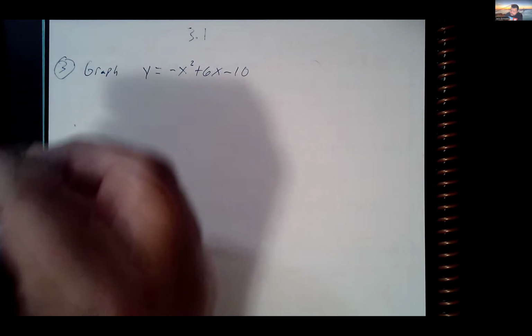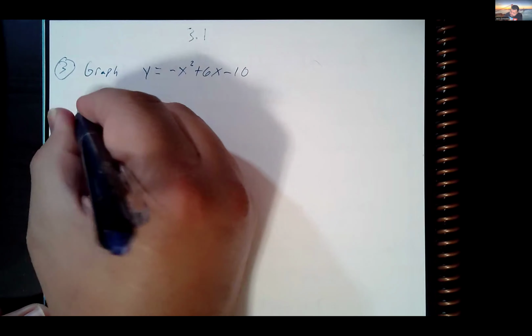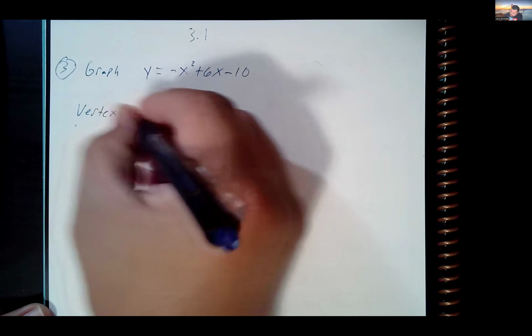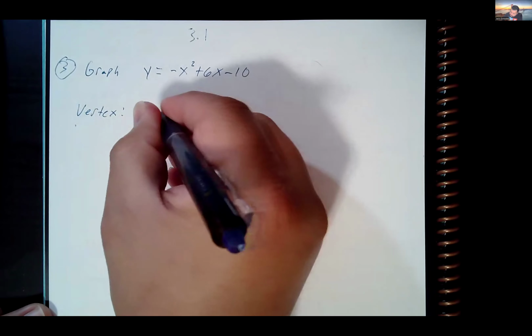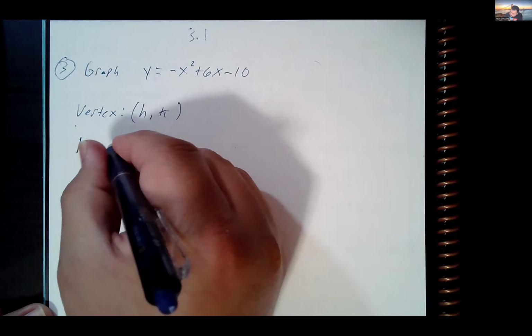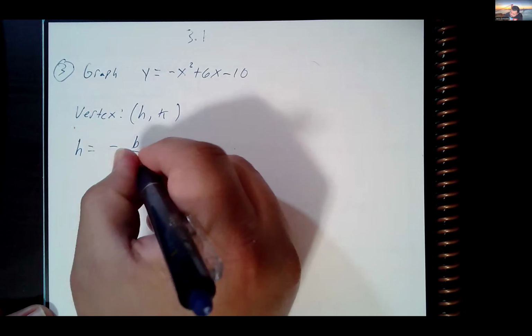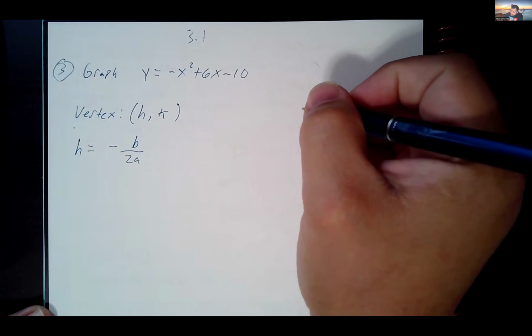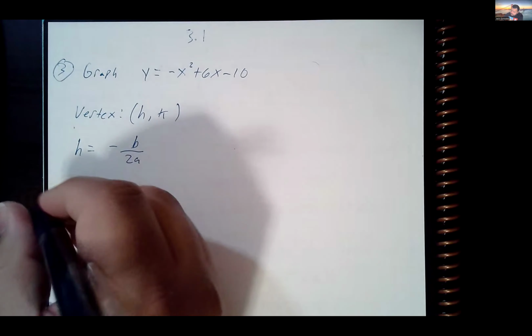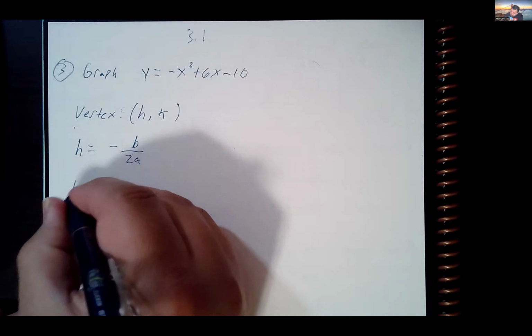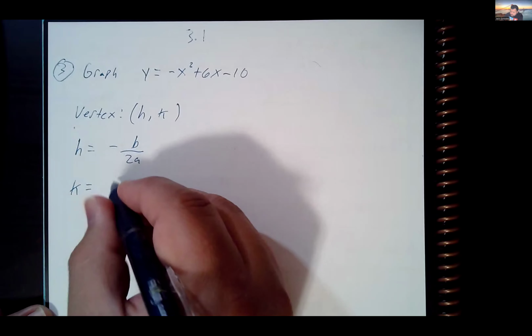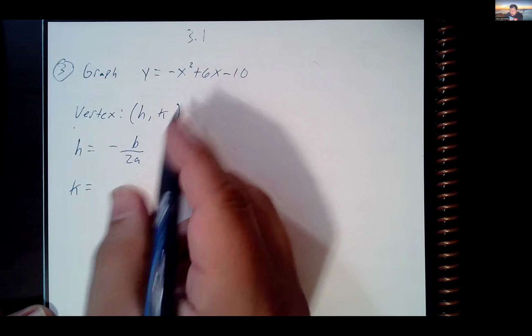So this is the vertex formula. So vertex is going to be, we'll call it (h, k), 2 points. h will be equal to negative b over 2a. The k will be equal to the function at this point.